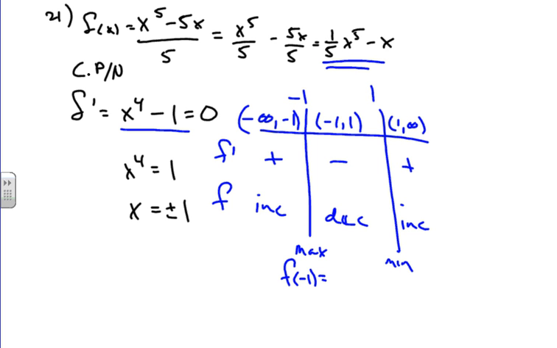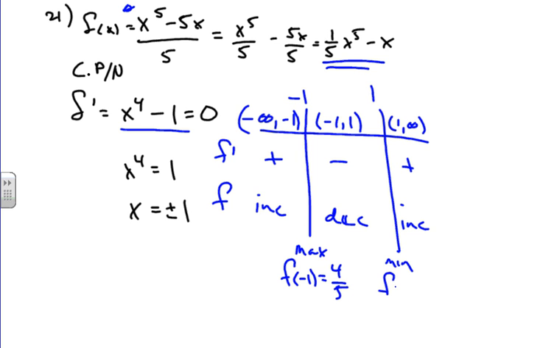And what we have when we plug in -1 is -1, and then plus 5, so it'd be 4/5. That's our maximum at 4/5.